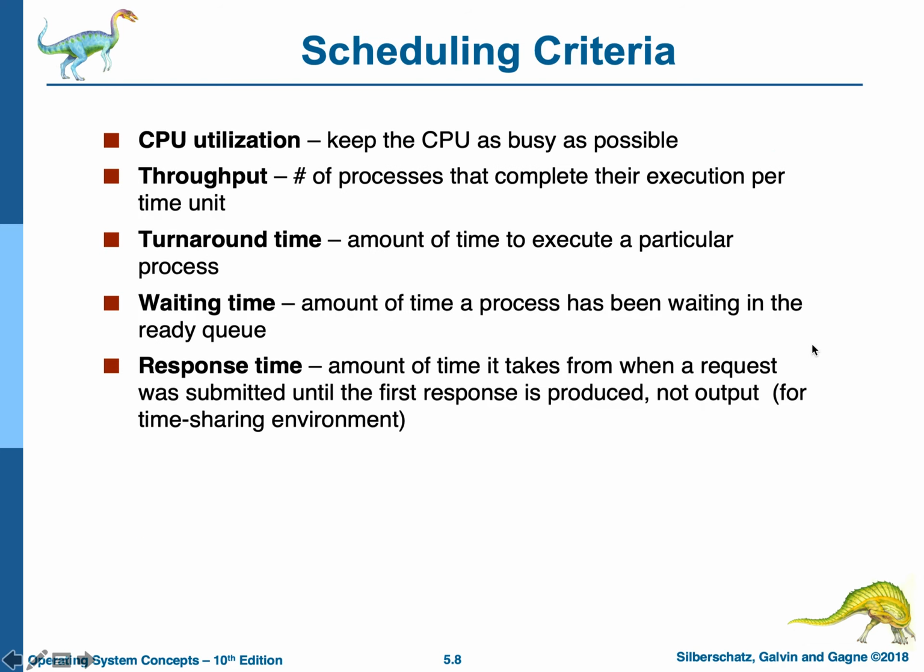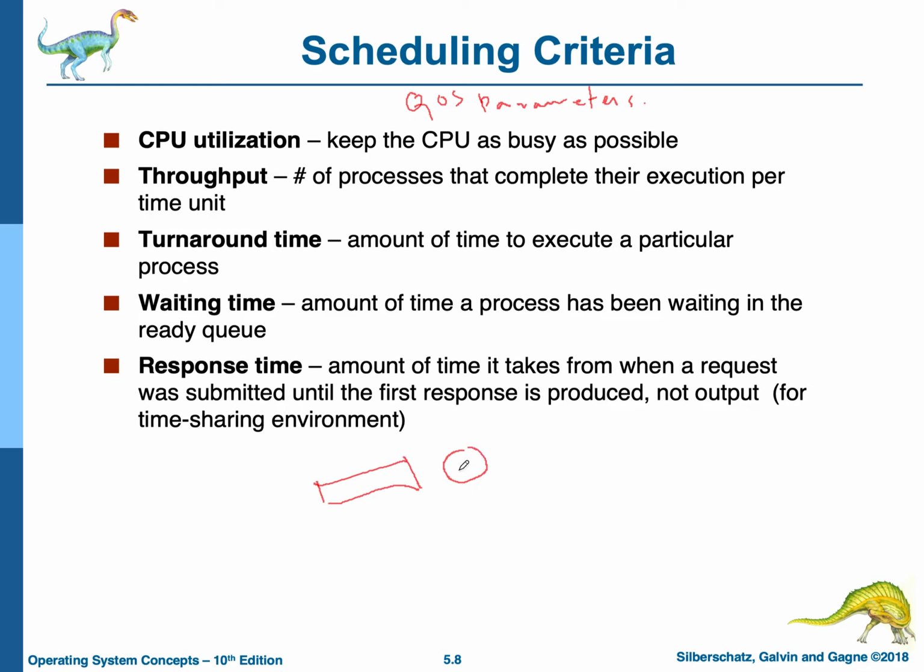Now we also have some scheduling criteria. In scheduling criteria, we are seeing some quality of service parameters. For example, we have a queue here and we have a server here.